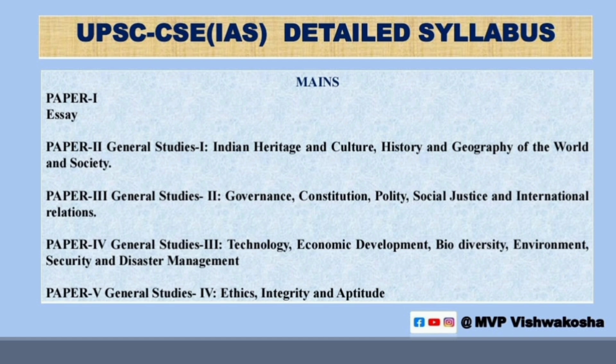Okay. Next is GS4, that is ethics, integrity and aptitude. In this, case studies will be there. Okay, that is ethics and human interface, human values, role of family, society, attitude and aptitude and foundational values for civil services, emotional intelligence, contribution of moral thinkers and philosophers from India and the world also, public or civil service values and ethics in public administration, ethical concerns and dilemmas in government, probity in governance, and case studies of all these above issues.